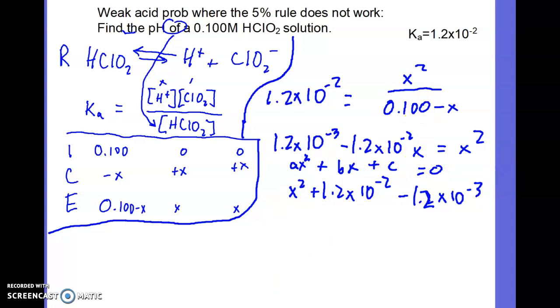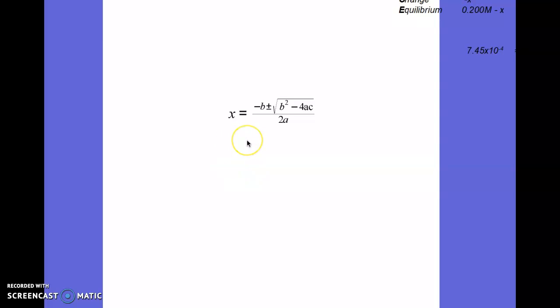And so then I want to use my quadratic equation. This is also in the appendix, but the quadratic formula is x equals negative b plus or minus the square root of b squared minus 4ac, all divided by 2a. Okay, so that's the equation.